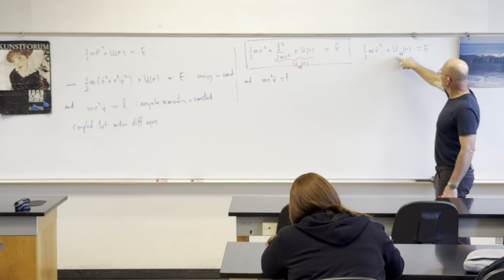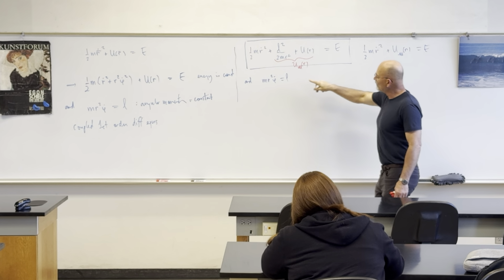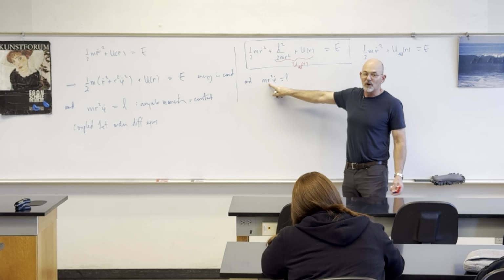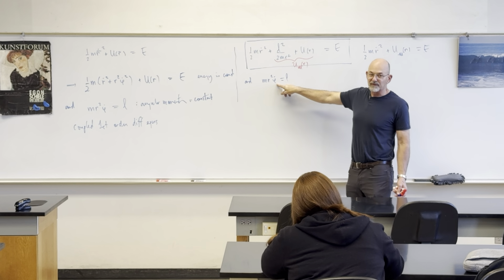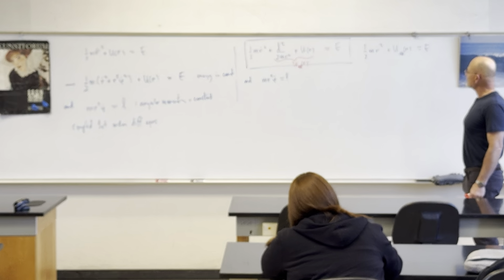Of course, when you're done solving for this, then if you wanted to know the phi motion, you'd take that as a known quantity, and now you have this differential equation for phi. You could literally integrate it. So that's the plan.